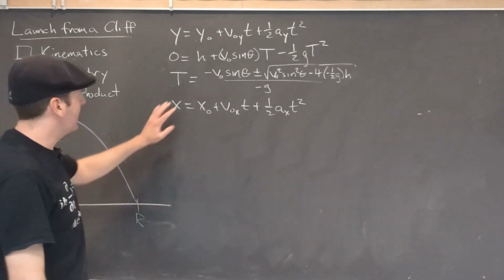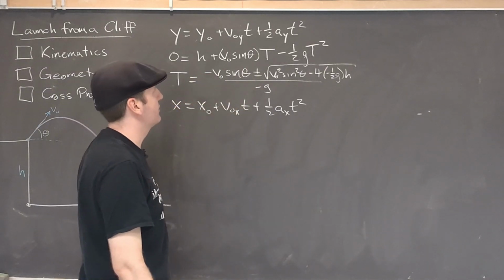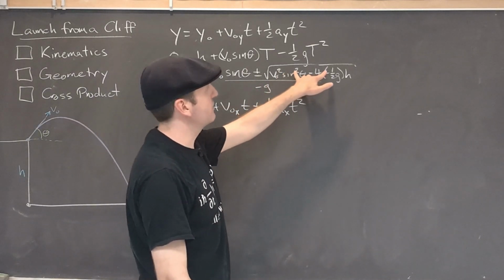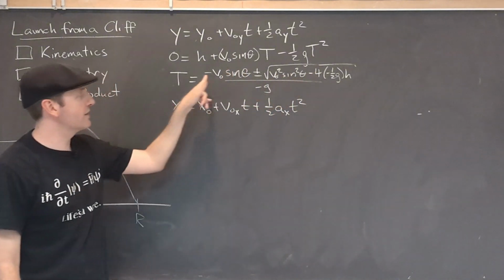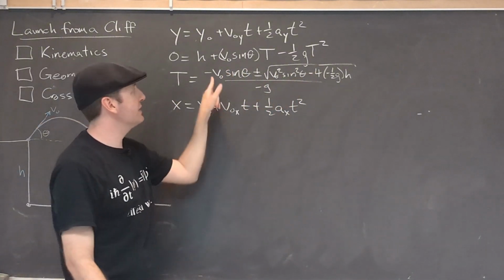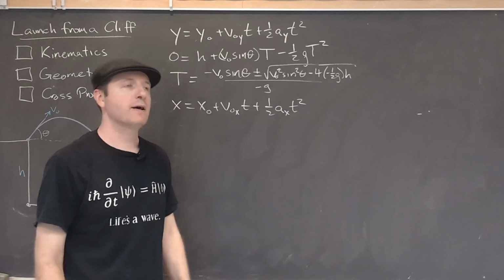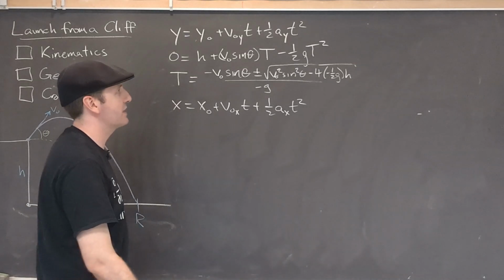Now we can see that the negatives here will cancel in all three terms. Since the term inside the square root is bigger than the term outside, I really do need these to have the same sign because otherwise I'd get a negative value for my time.